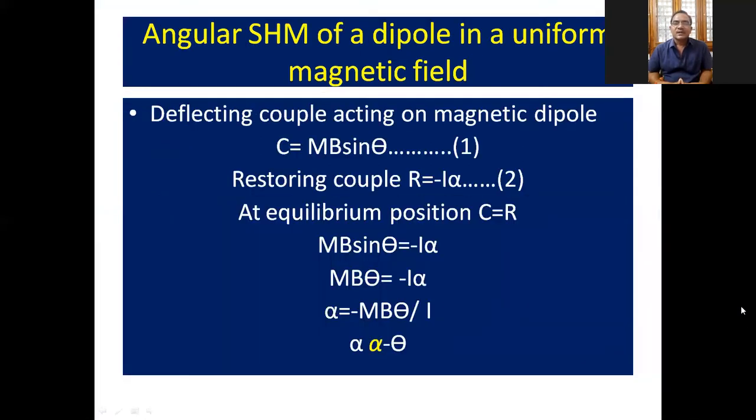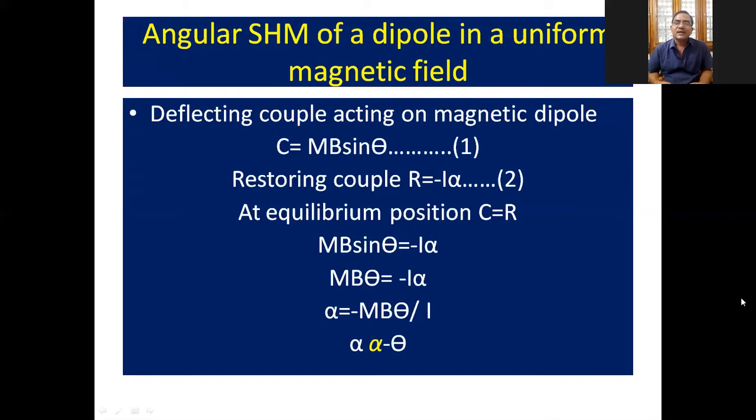Next, we covered this also. When the dipole is suspended in the uniform magnetic field, a deflecting couple acts on the magnetic dipole, C equal to M B sin theta. But due to the immediate response of the restoring forces, a restoring torque develops in the wire or thread. Therefore, in the equilibrium position, the restoring couple is balanced by the deflecting couple.